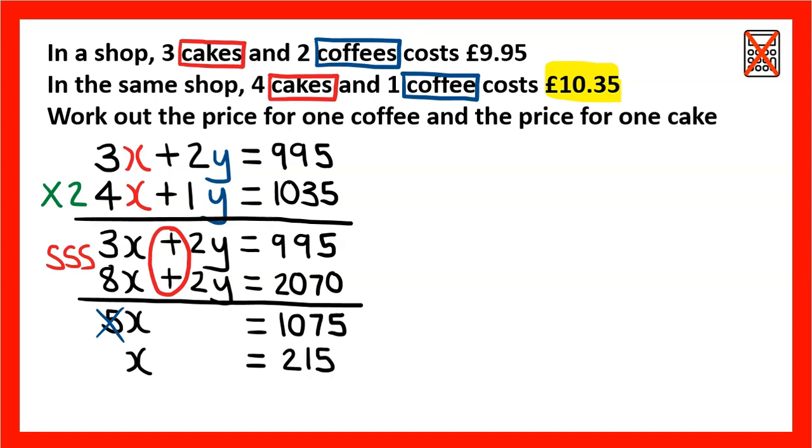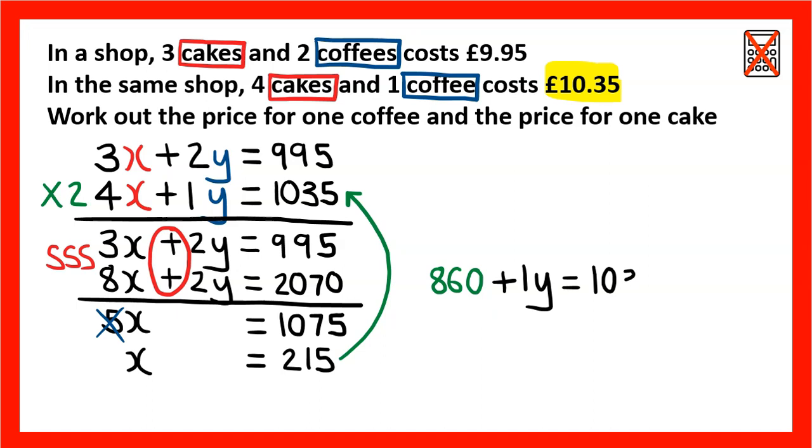Now that we know that x is 215, we can substitute this back into one of the original equations. I'm going to go for the second one. 4 lots of x, or 4 lots of 215, is 860, plus 1y is equal to 1035.